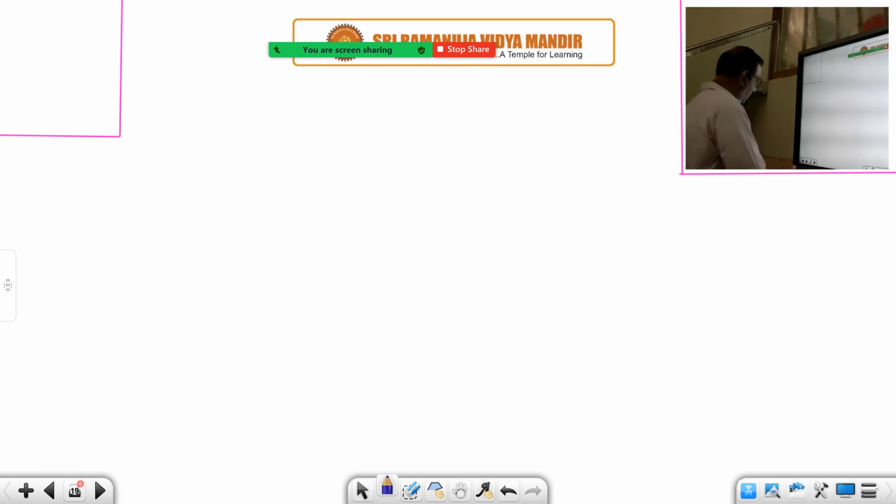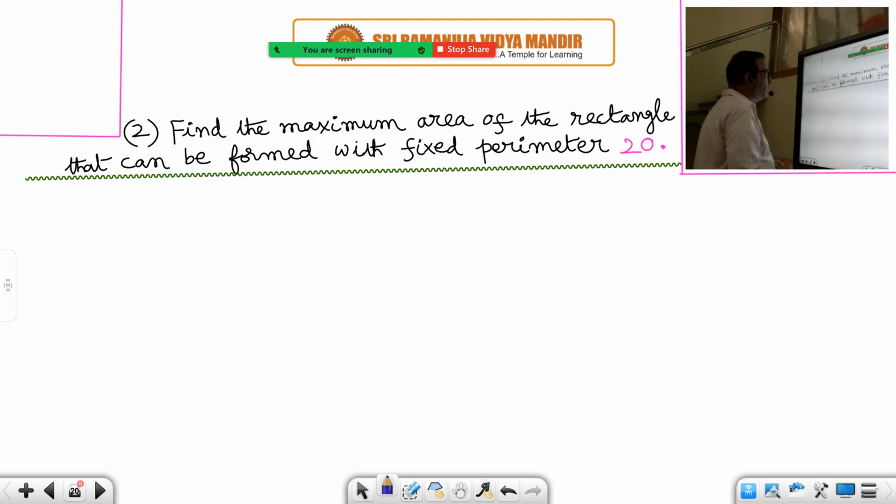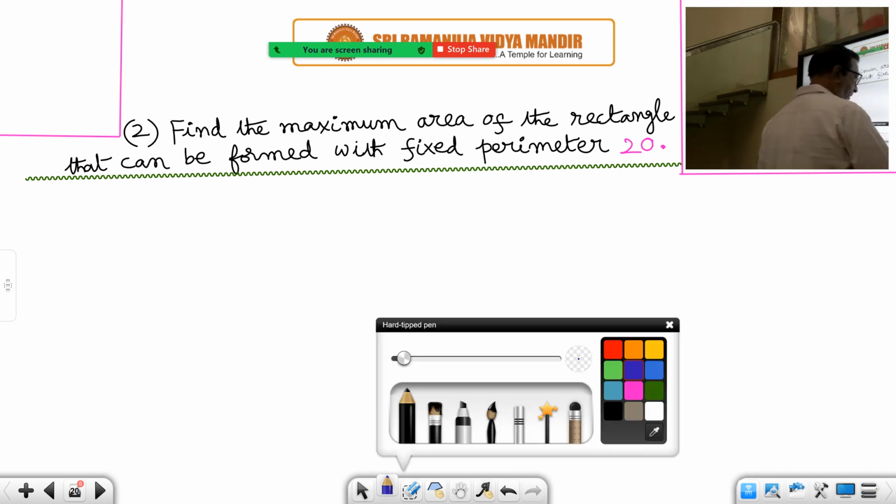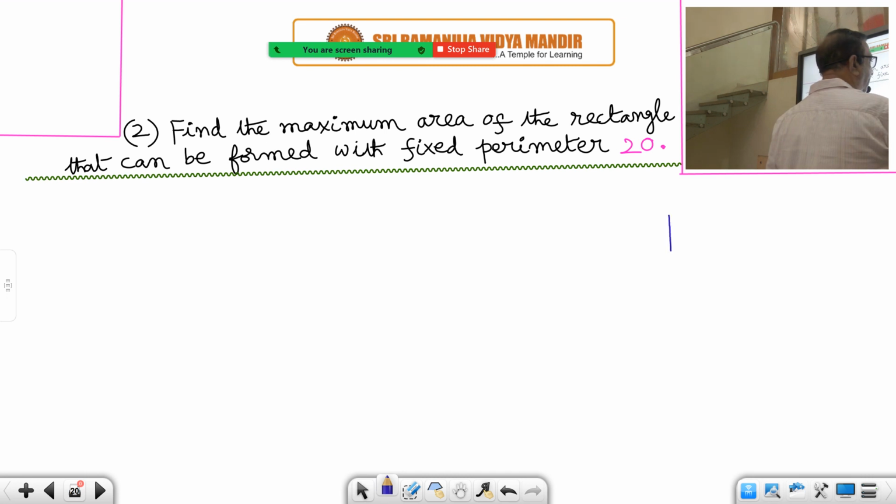Go forward. Next, let us go forward. There is a problem. Please read the problem. Find the maximum area of the rectangle that can be formed with a fixed perimeter 20.